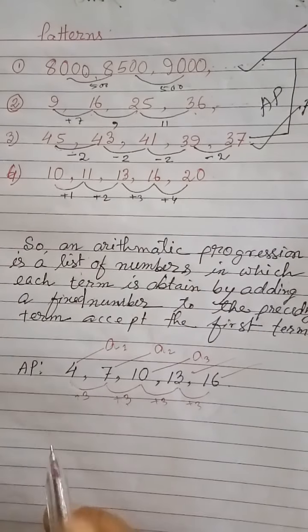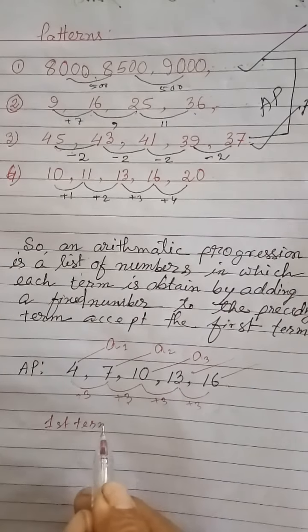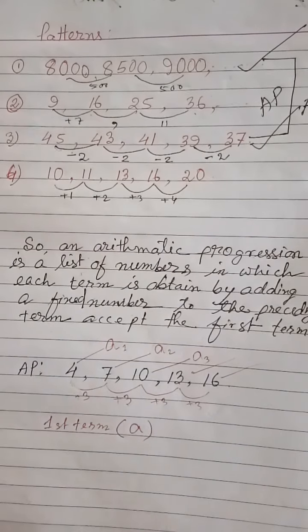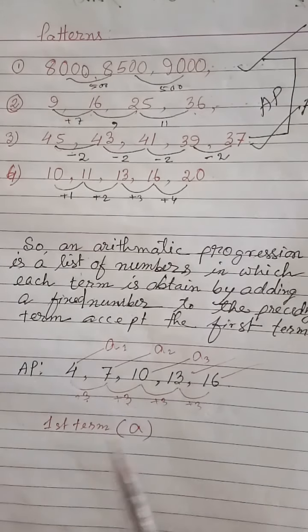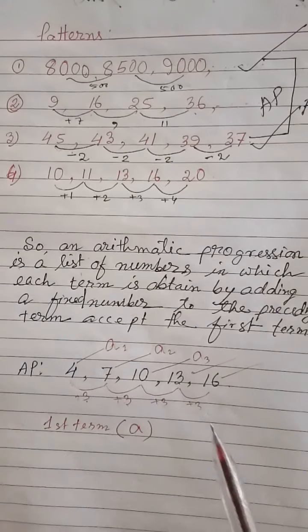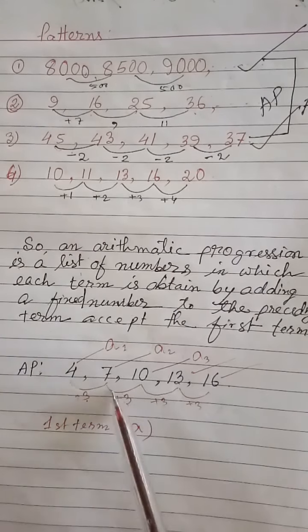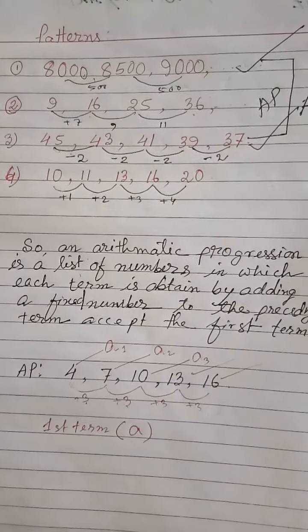So the first term is indicated with A, and the fixed number that is added everywhere is called the common difference.